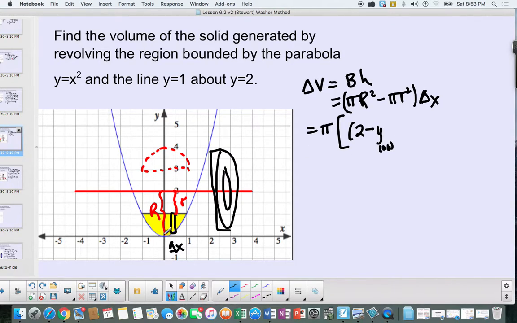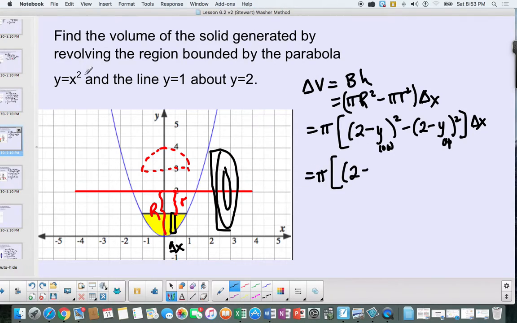So I want this y right here, quantity squared, minus, and this radius will be 2 take away, and this time I want to take away the upper y, so y of the upper, quantity squared, delta x.